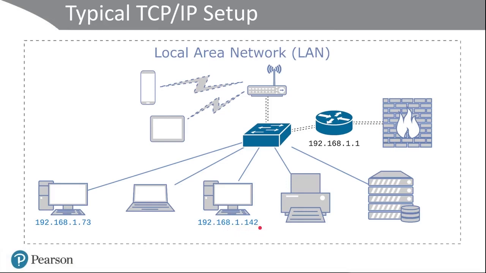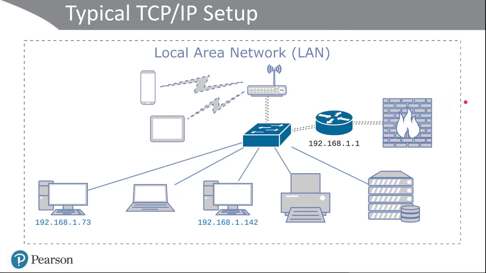So what's different between these two PCs? That last number, that last octet of the IP address. This one is 73, this one is 142. And over here, our gateway or router device is using the IP address 192.168.1.1. And that's the device that will allow these PCs and laptops and mobile devices to gain access out to the internet.